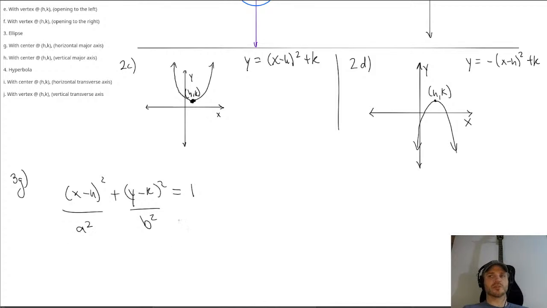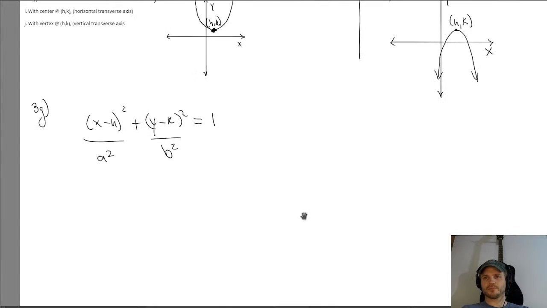And the square is what I'm talking about. So let me draw this one. We're going to have some axes, x, y, and then let's call this (h, k).